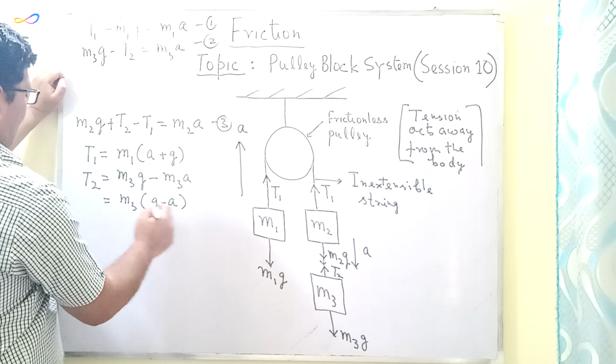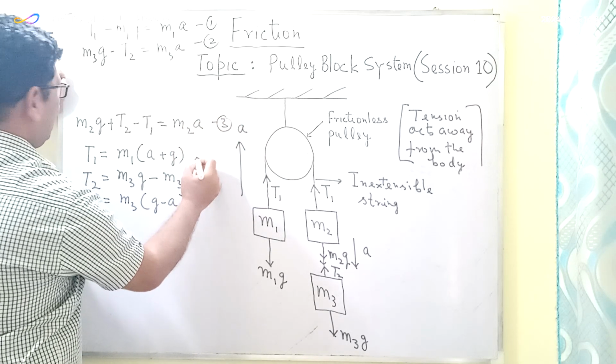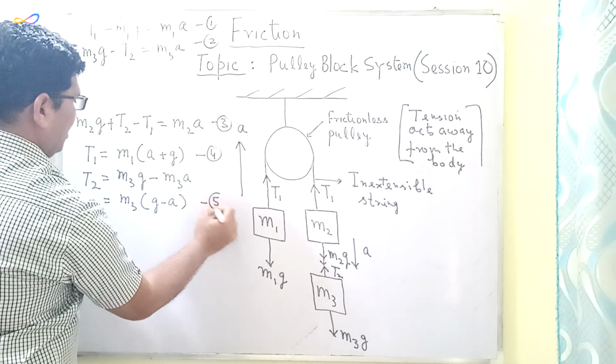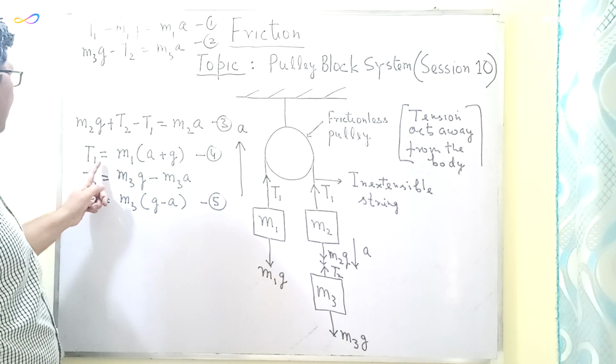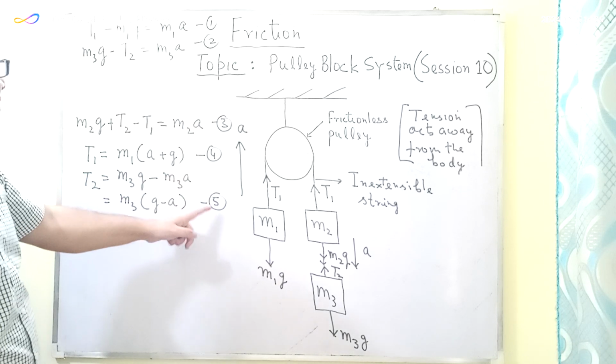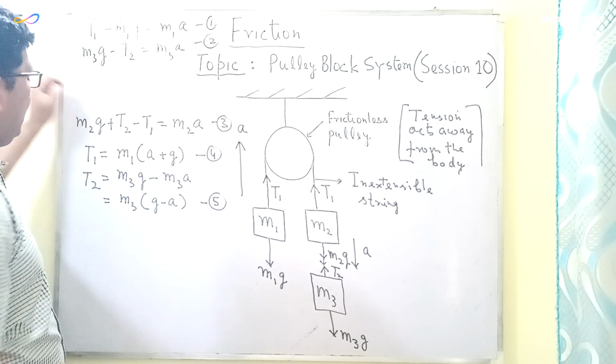Let us say this is the fourth equation, and this is the fifth equation. So what I will be doing is substituting the values of T1 and T2 from equations number 4 and 5 in equation number 3.